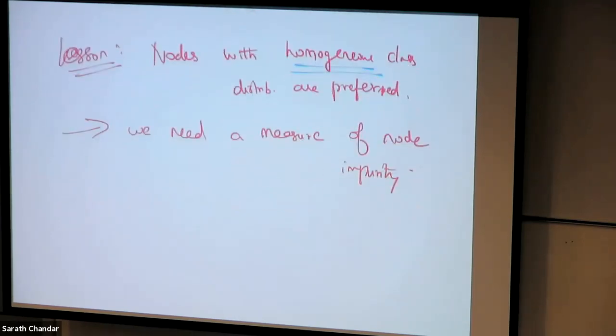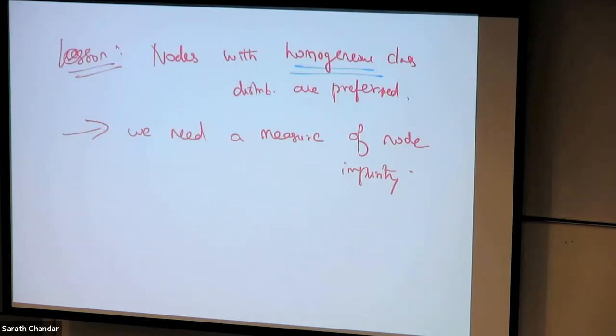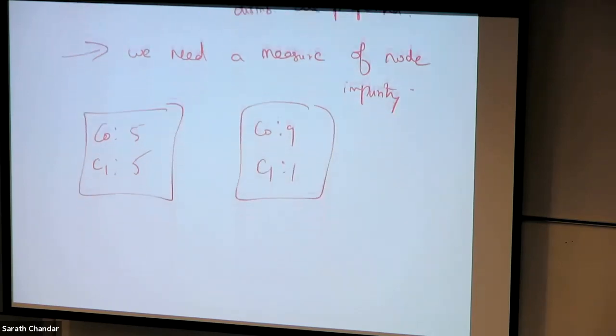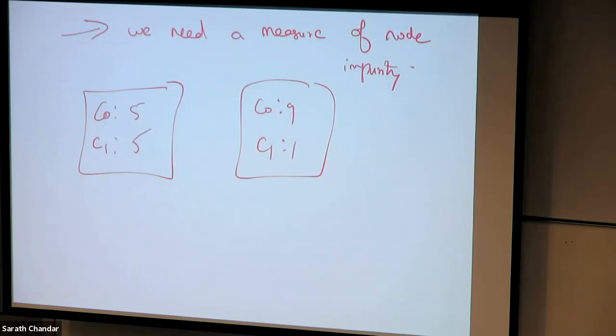If I can mathematically define this homogeneous node, then I can pick the split that achieves a high score in this. Now here are some examples. When you have class 0 and class 1 both 5-5, there's another split like this. Of course, we prefer the second split over the first split, right?